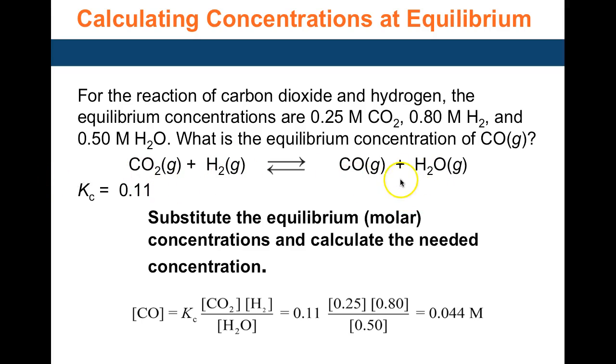Now, if you move all the denominator to the Kc side, then you can manipulate that expression: Kc times the CO2 times H2 divided by H2O concentration. And that's what you see here, gives you the concentration of CO.